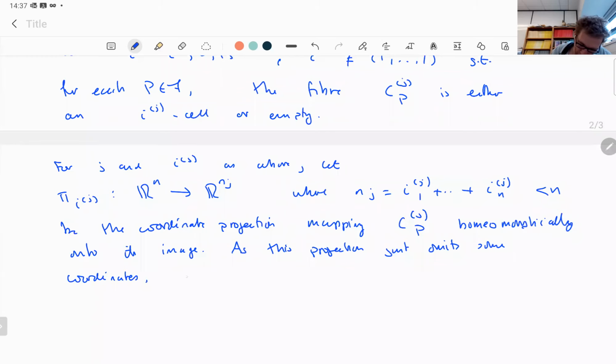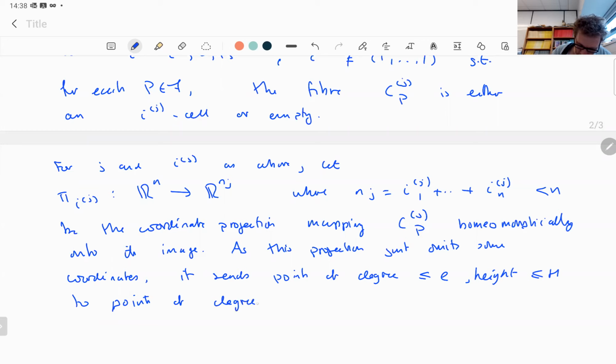So as it just omits some coordinates, it sends points of degree at most e, height at most h, to points of degree at most e, height at most h.